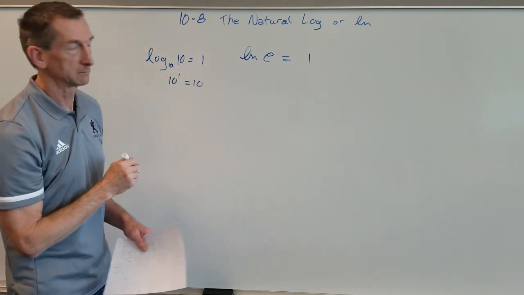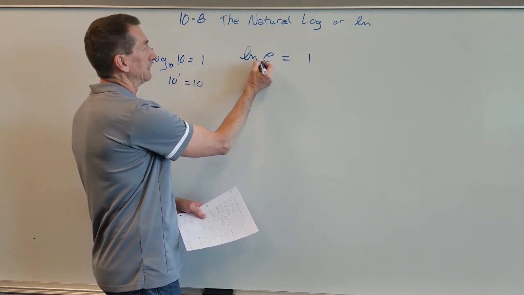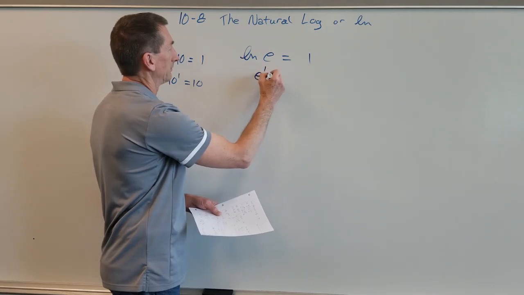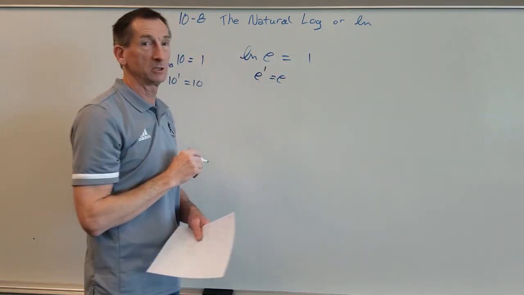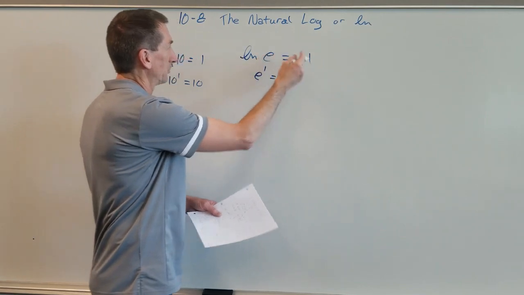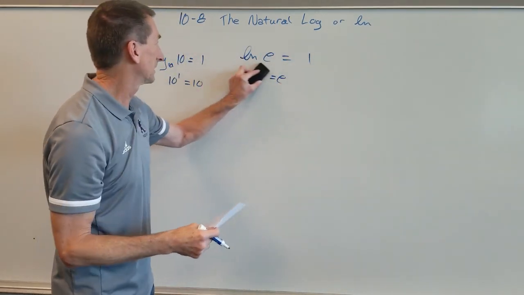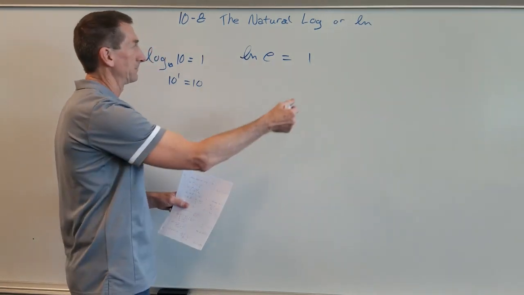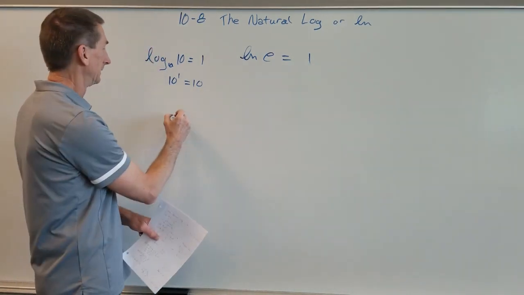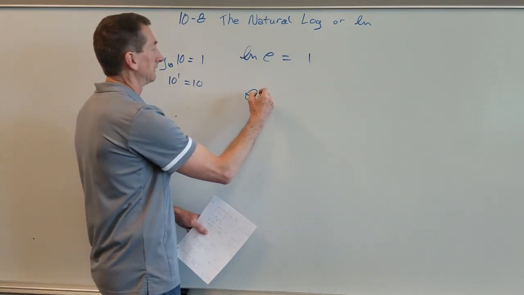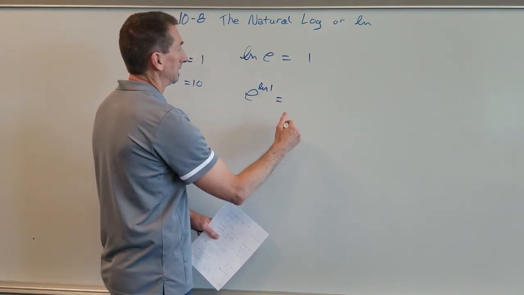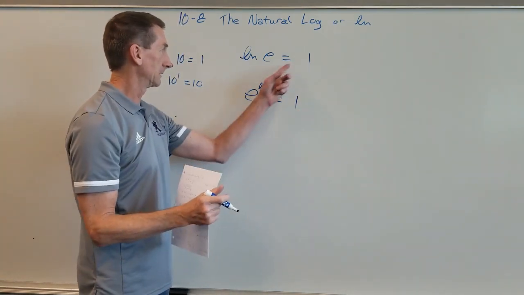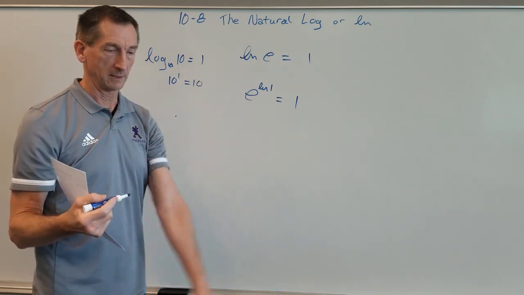Same way with e: natural log of e is 1 because e raised to the power of 1 is equal to e, and I know that to be true. And there's also the inverse of that. If I had e to the natural log of 1, that's also going to equal 1. So just like with regular logs, we're going to be able to use these properties to help us out a lot.